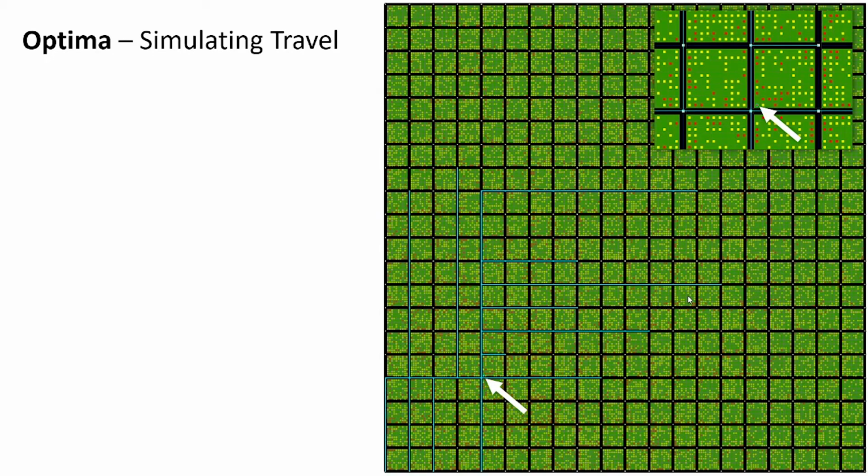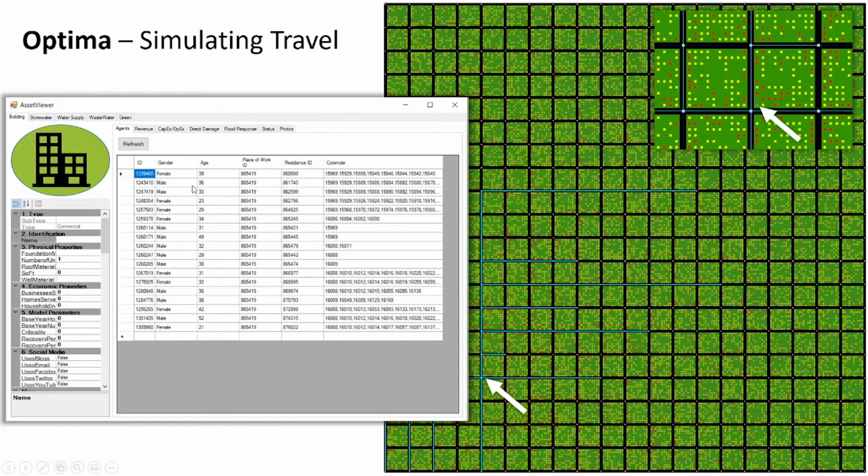Here I've run a query where I'm showing every person who works in that building, and you can see their gender, their age, and so on. And you can see the commute footprint, like the IDs of the road segments that person takes to get to work. So it's a very high detailed model, and it does very well as a result in doing epidemic modeling.